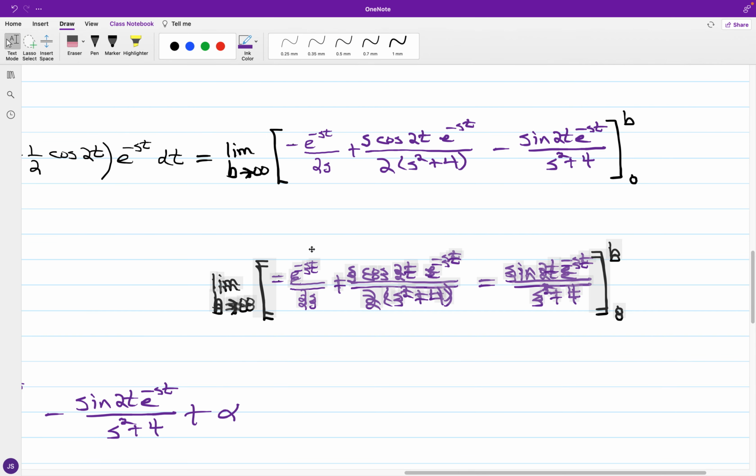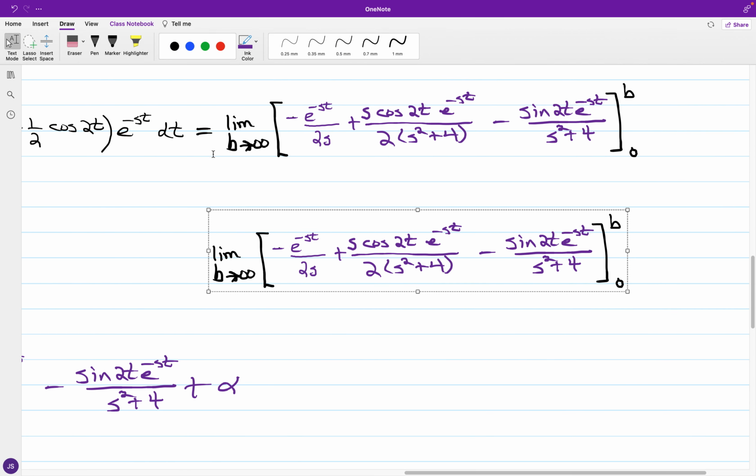In the case of the upper limit, at b, as t approaches b while b tends to infinity, we're going to have e to the negative s times b over 2s, plus s times the cosine of 2b times e to the negative s times b in the numerator, and in the last numerator we have the sine of 2t times e raised to the negative s times b.